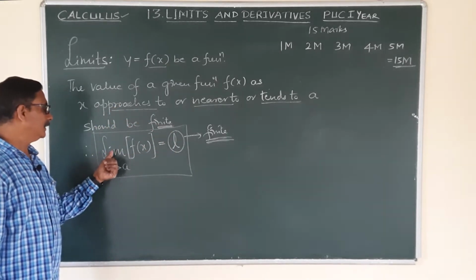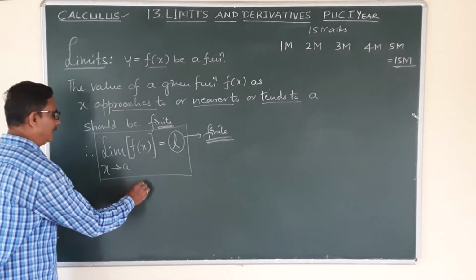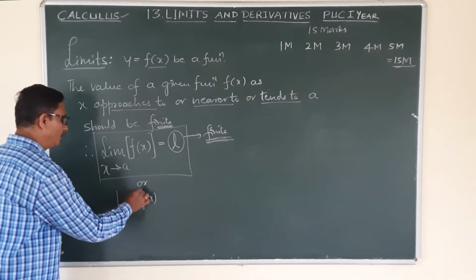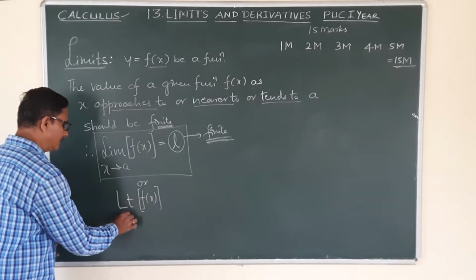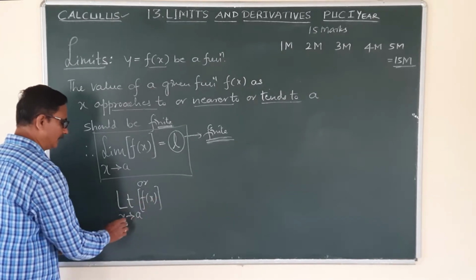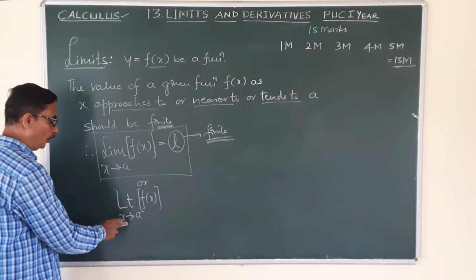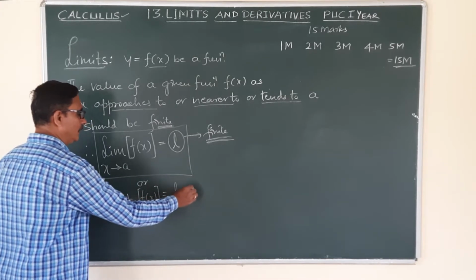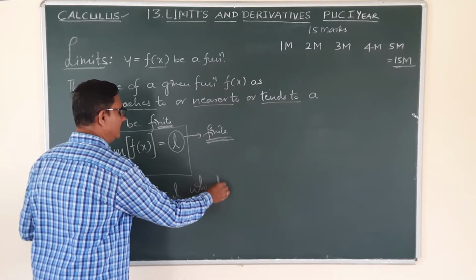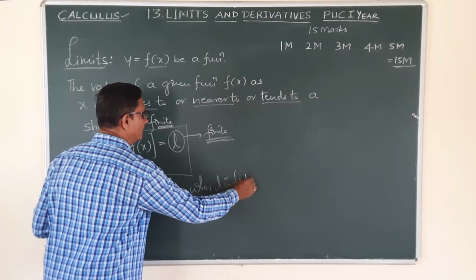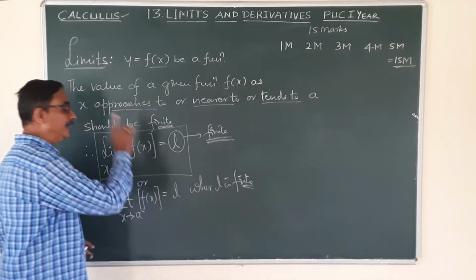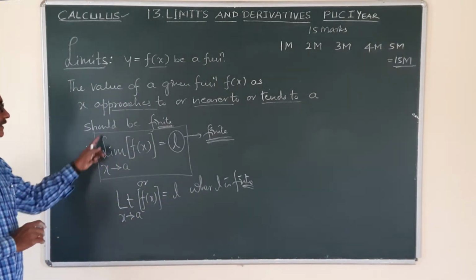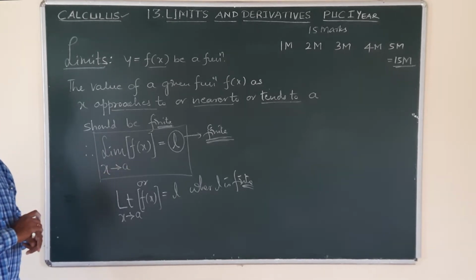Mathematically we write LT, meaning limit, of the function f of x as x approaches, denoted by arrow mark, read it as x tends to, or x approaches to, or x is nearer to A, is equal to L, where L is a finite value. The answer must be finite, it cannot be infinite. Okay, this is the definition of limit, isn't it?